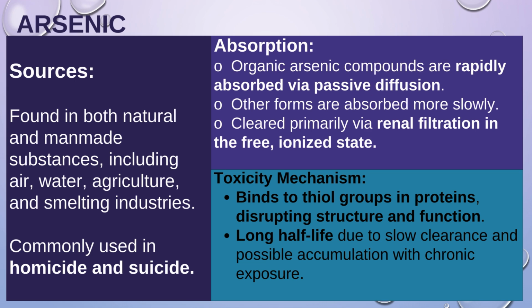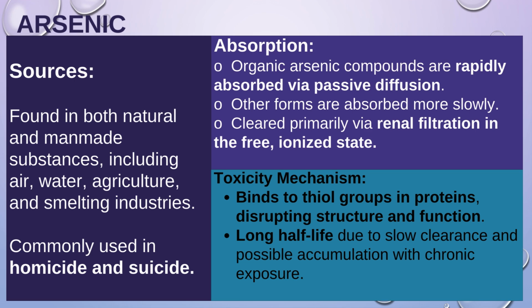Next in line is arsenic. We can observe it in natural and man-made substances. So it's in the air, agriculture, common in smelting industries, and commonly used in suicide cases. For absorption, it is rapidly absorbed via passive diffusion, and then cleared via renal filtration in the free ionized state.